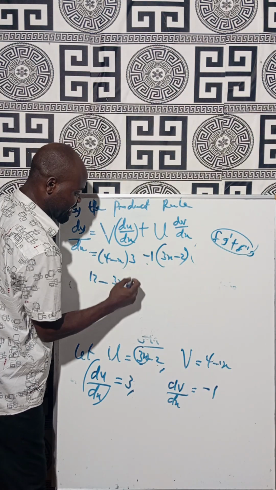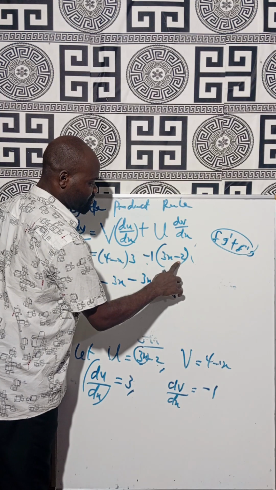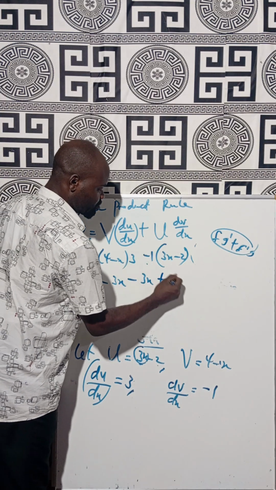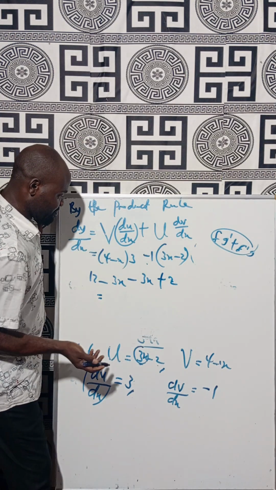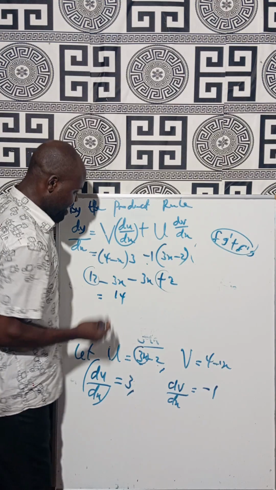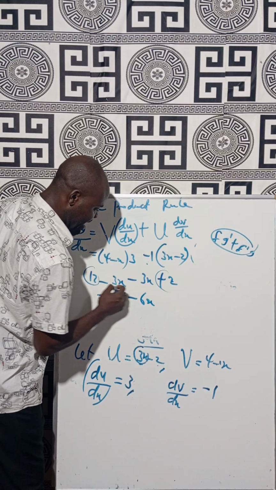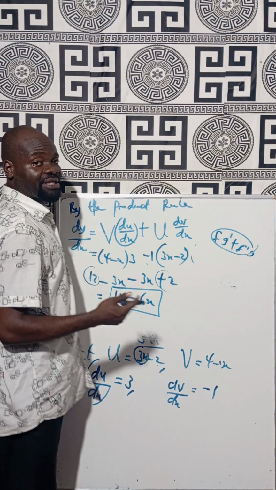Minus 1 times 3x is minus 3x, and minus 1 times minus 2 is plus 2. So 12 plus 2 is 14, and 3x minus 3x is minus 6x. So my answer is 14 minus 6x.